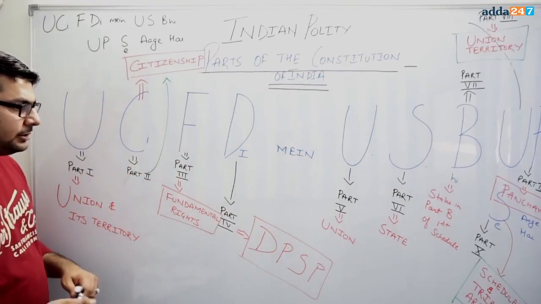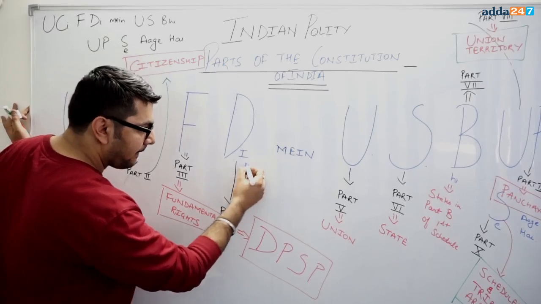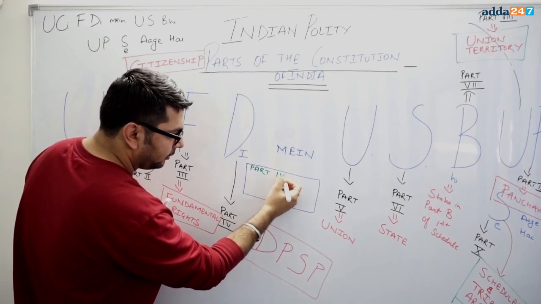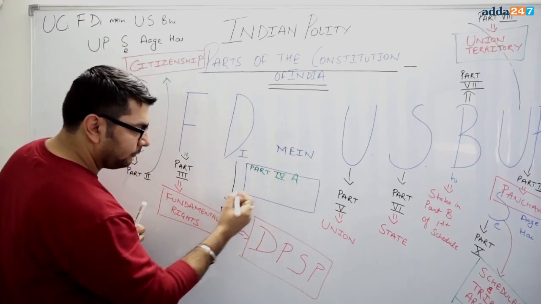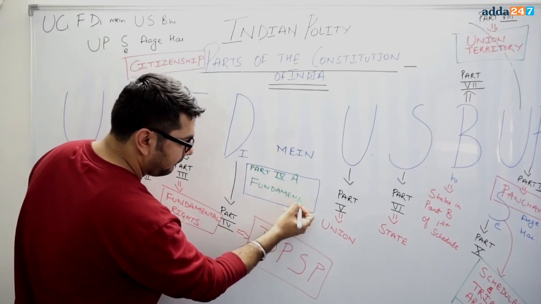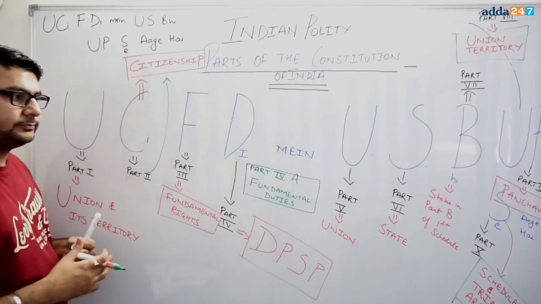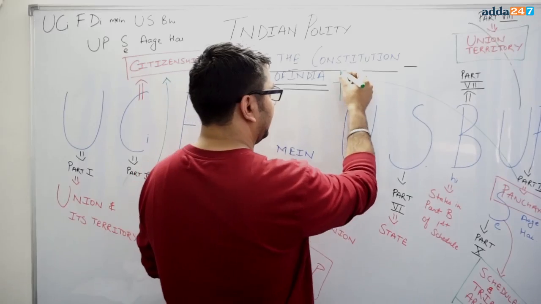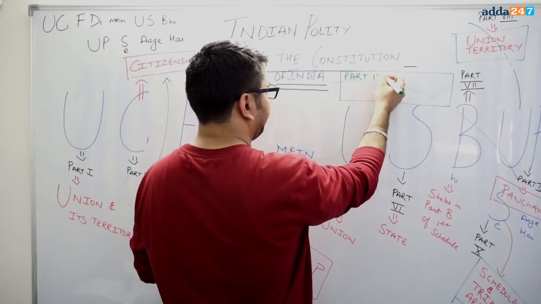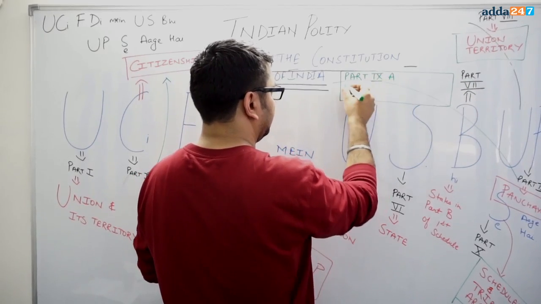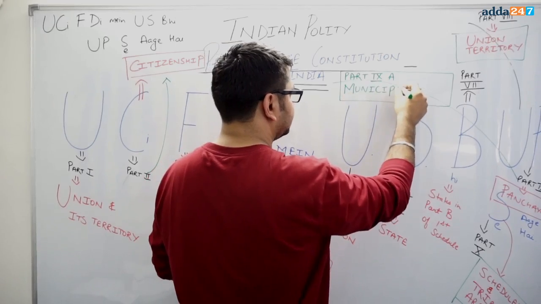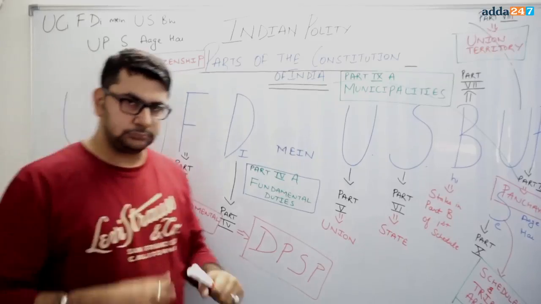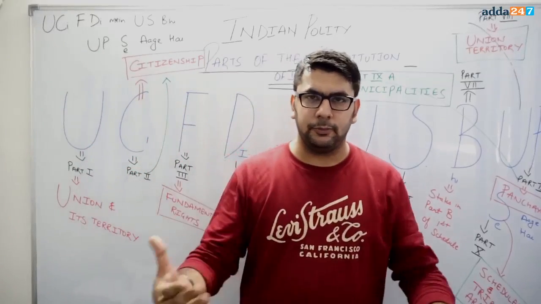The first exception is Part 4A, which stands for fundamental duties, and the second exception is Part 9A, which is municipalities. So these are the two exceptions in the first 10 parts, which you have to learn like this.